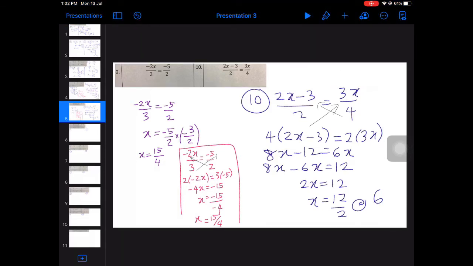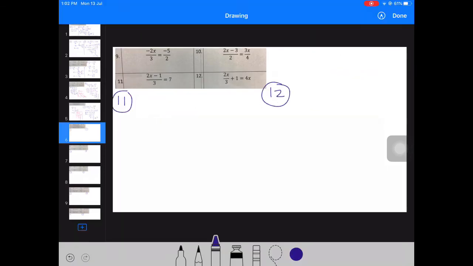And next, 2x minus 1 over 3 equals to 7. The 3 here you can straight away multiply with 7, so 2x minus 1 equals to 3 times 7 is 21. So 2x equals to 21 plus 1.